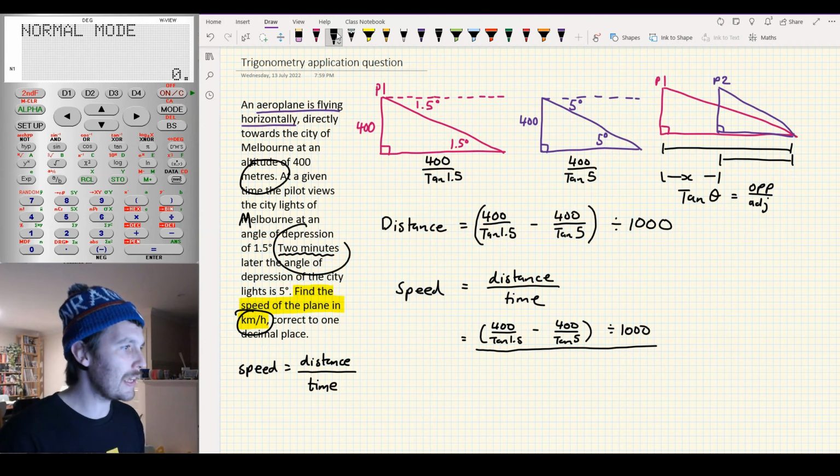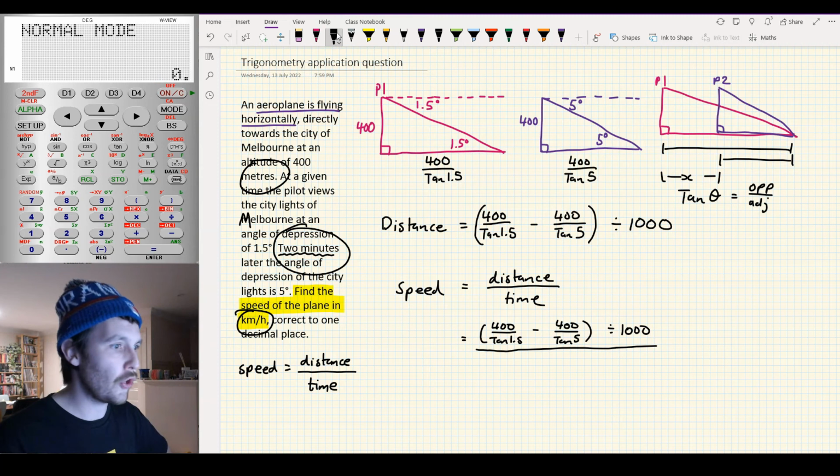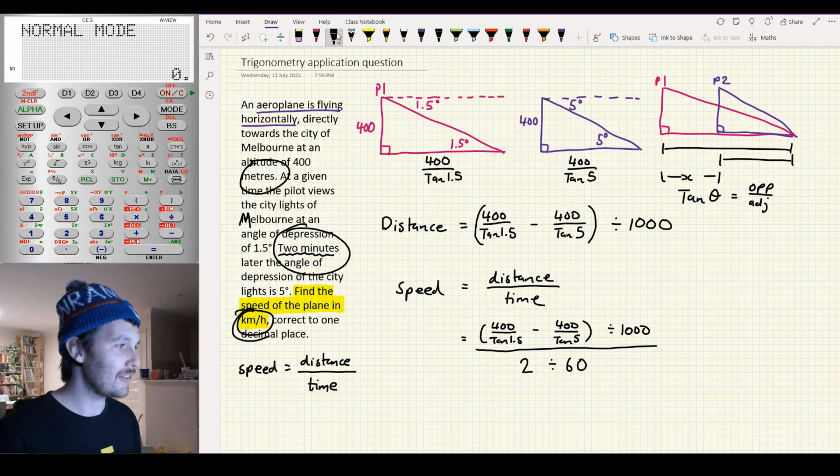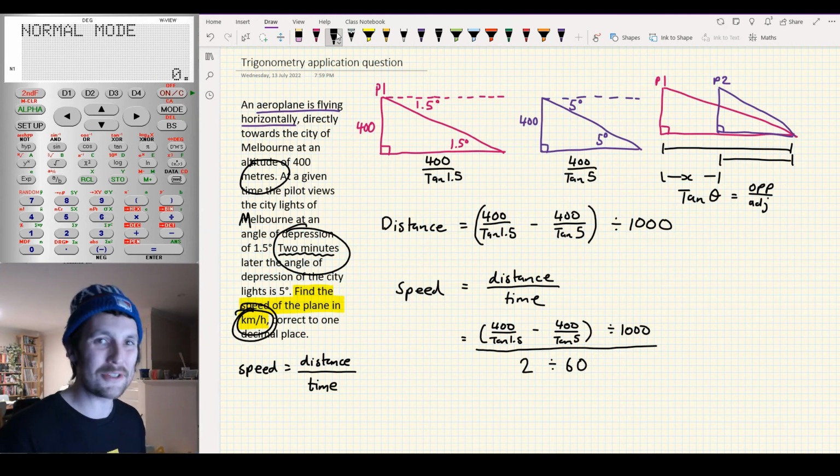In the question, we're given 2 minutes as the time it takes to travel between those two points. So we're going to divide by 2, but we also need to divide that by 60 to convert from minutes to hours, because we want kilometers per hour in our answer. And in your calculator, don't forget to include your brackets for that one as well.